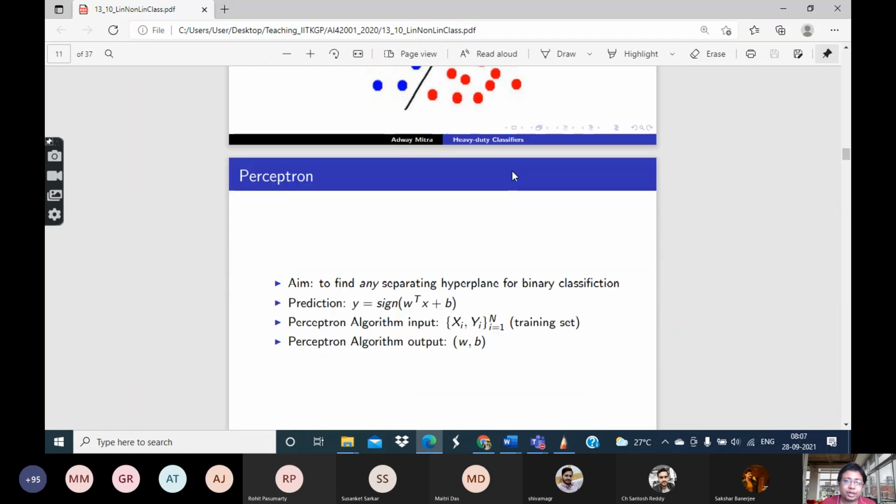For that purpose, one algorithm which we already saw yesterday is the so-called perceptron algorithm.